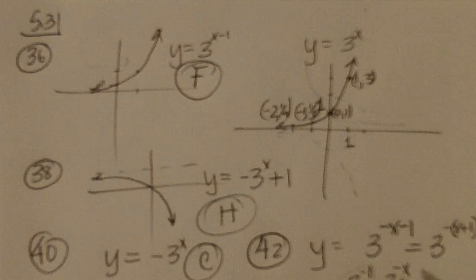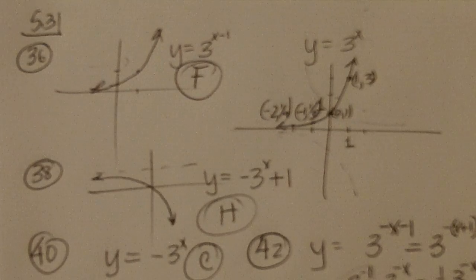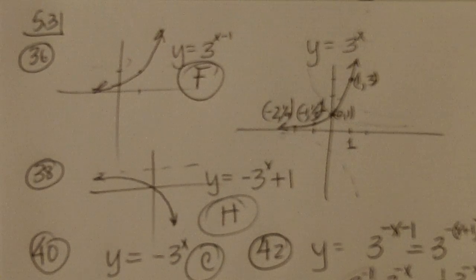And 3 to the minus 1 is 1/3. So 1/3 times 3 to the negative x. Do we have that in here any place? I don't see that either. Well, that's what it should be. Now there might be another variation of it, but that's the way I see that one. So, okay, I don't know why it's not there.